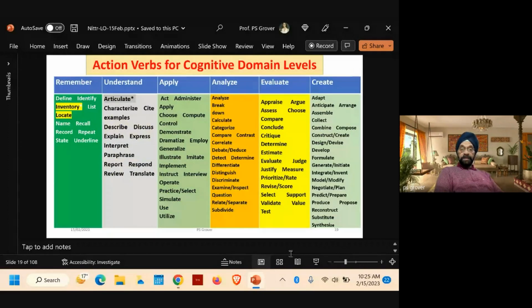Here are action verbs for the cognitive domain levels: remember, define, identify, understand, apply. There are corresponding verbs for these various levels. You can look at the internet and then use them.